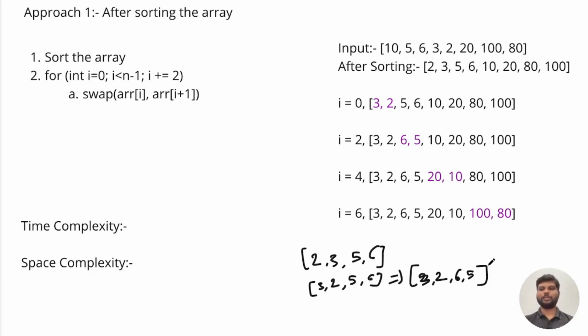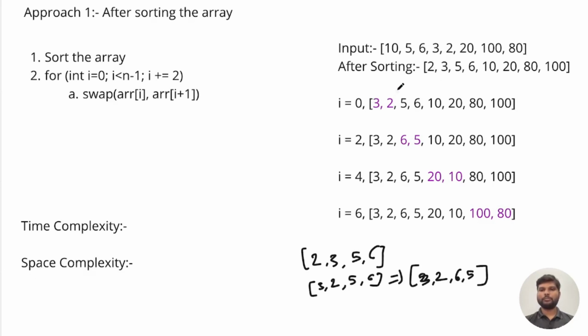Now let's see this approach. We first sort the array and then swap all the pairs of numbers. We start with index 0, swap the pair 0 with 1, and jump to the next pair, which is the element at the second index. We start with 2, 3 and swap them, which gives us 3, 2.